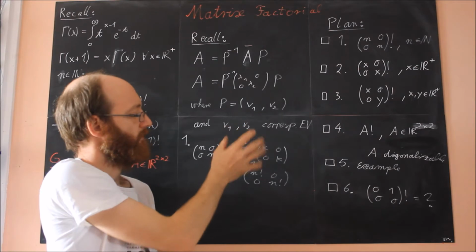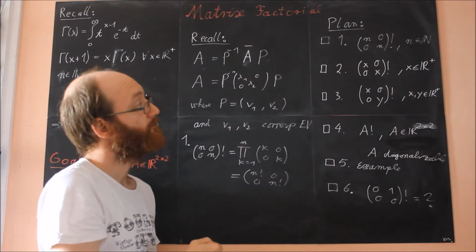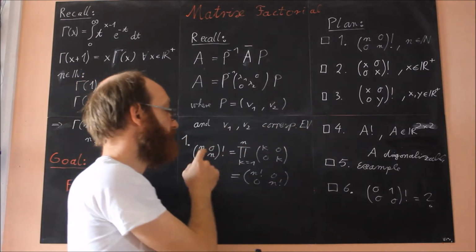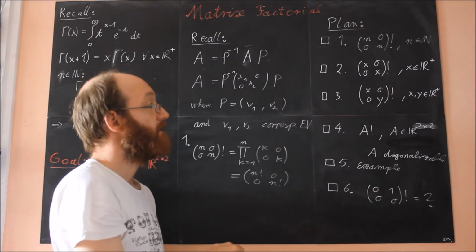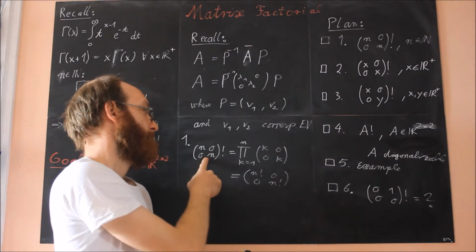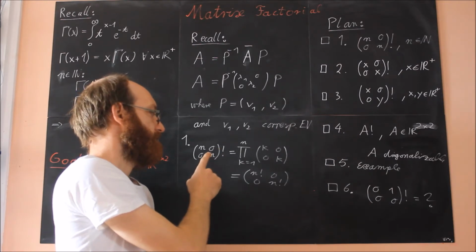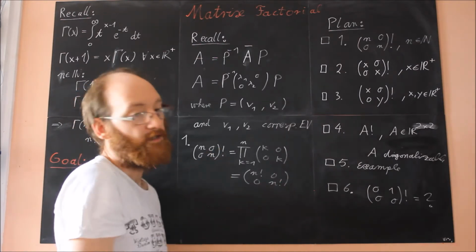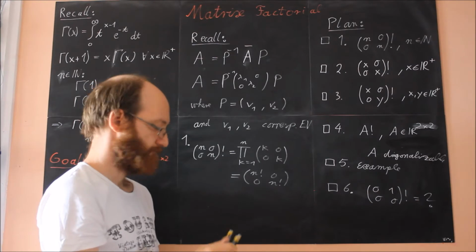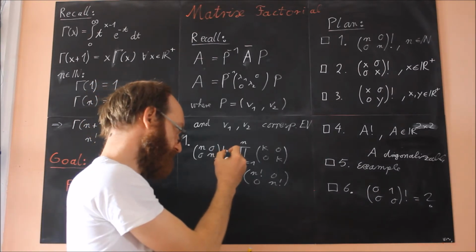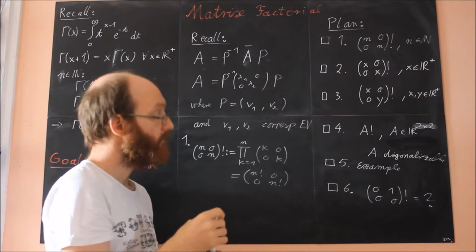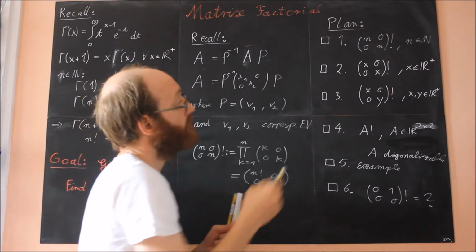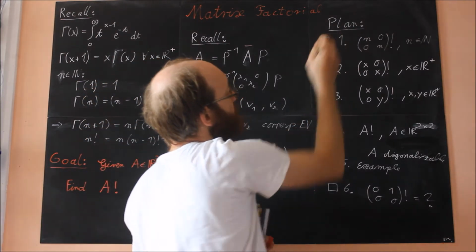For a matrix with the same elements on the diagonal and natural entries, it makes sense to define the matrix factorial this way. So our first step of the plan is done.